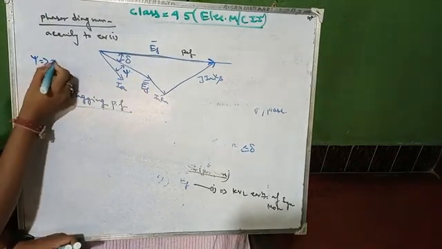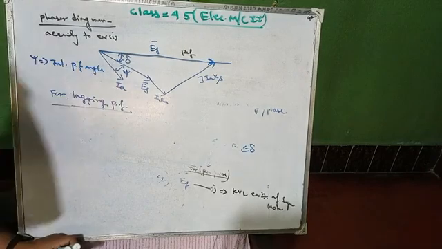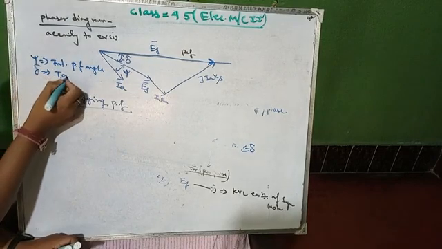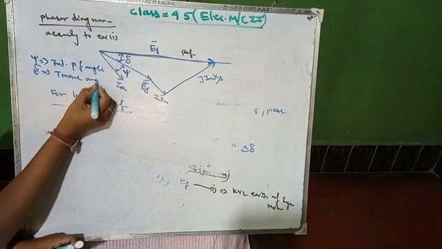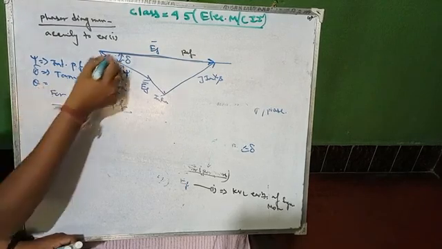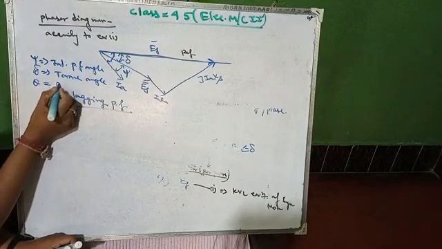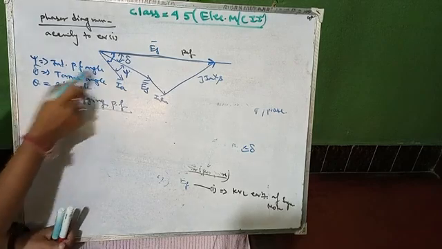Psi is the internal power factor angle, and del is called the torque angle. Previously for the alternator it was the load angle, here it is the torque angle.